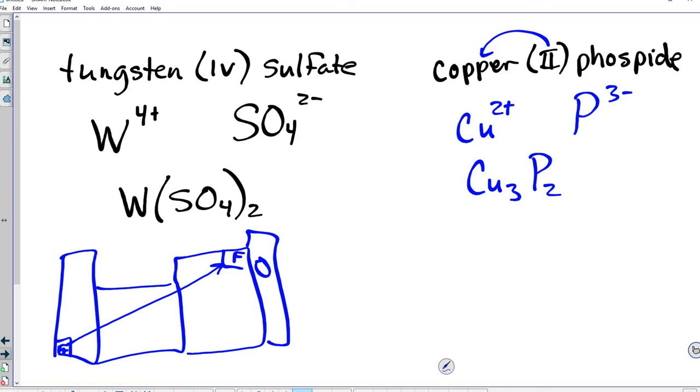So the farther apart 2 elements are on this chart to go together, you're going to be ionic. The closer you're getting together, polar covalent. If they're right next to each other, covalent. That's the easiest way to do it. Okay, farthest apart, ionic, closer together, polar covalent, right next to each other, covalent.